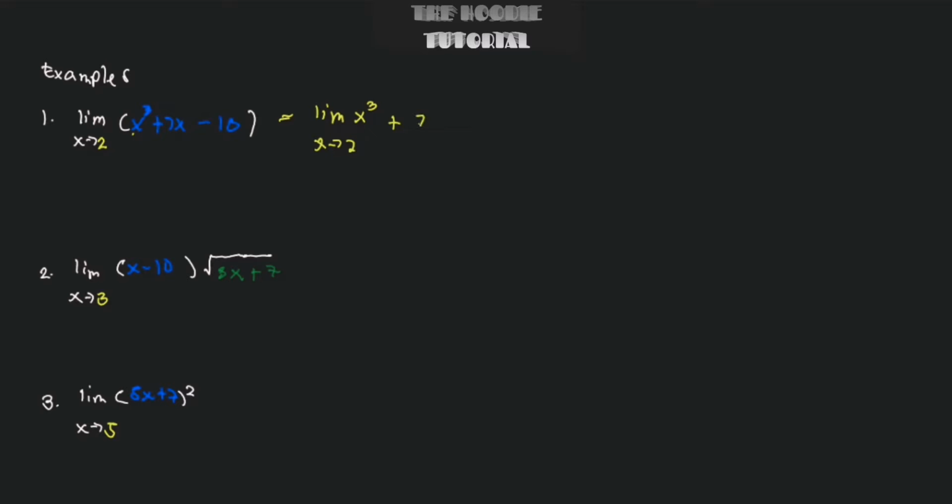So we have 7 times the limit of x as x approaches 2. And then since we have a constant right here, we just have to put the limit of 10 as x approaches 2.